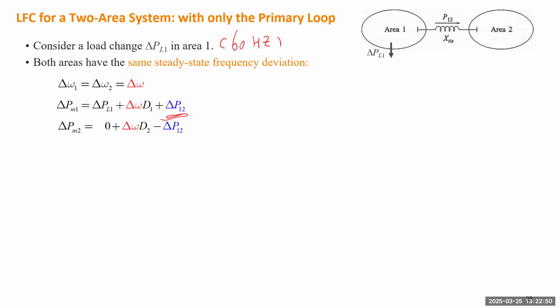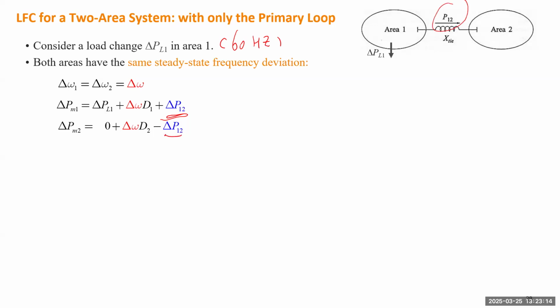Similarly, for area 2, we have the same equation. We can just put 0 for delta PL2 because there's no load change in area 2. The second item is the same. We just change D1 to D2. The third item will be negative delta P12 because we already defined the direction, from 1 to 2.